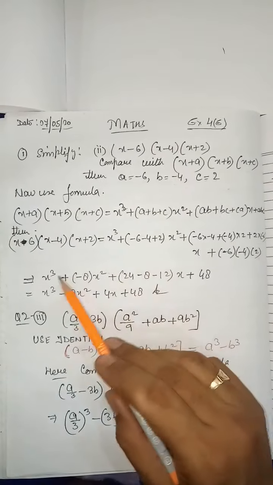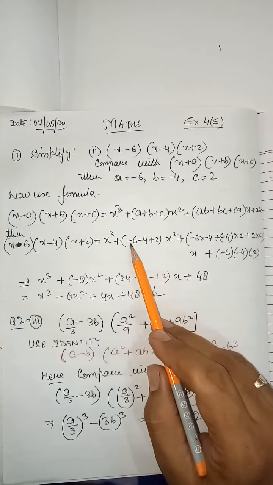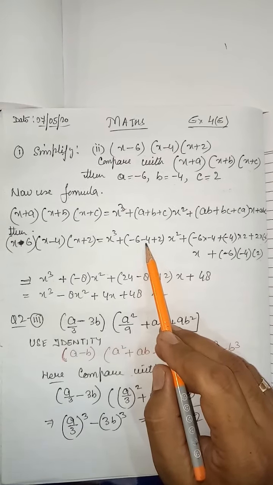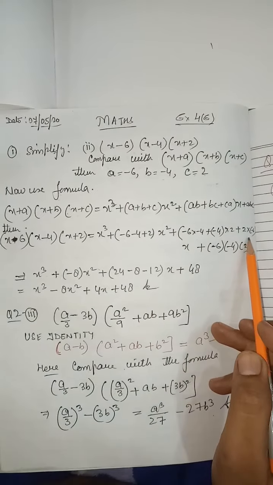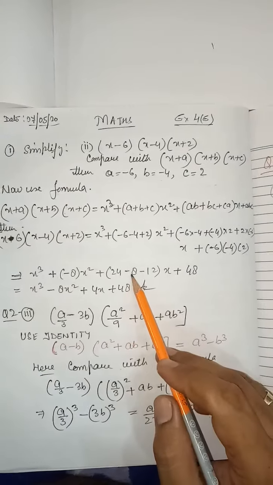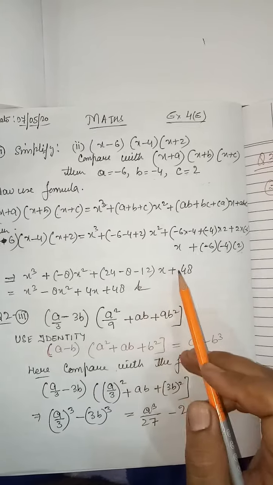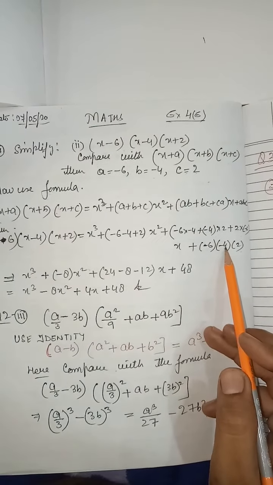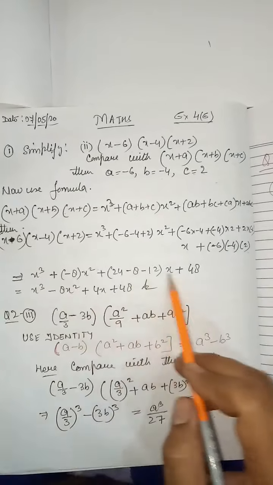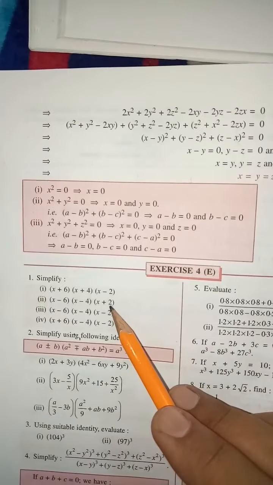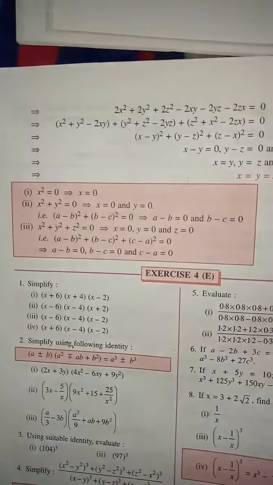So the value of x cube is x cube, simplify, minus 6 minus 4 is minus 10, minus 10 plus 2 is minus 8, x square. Similarly simplify this expression to get 24 and minus 8 and minus 12, and 6 times 4 is 24, 24 times 2 is 48 and minus minus plus, and simplify to get the final answer. So the question number 1, we have 4 parts, so solve all parts similar to this.